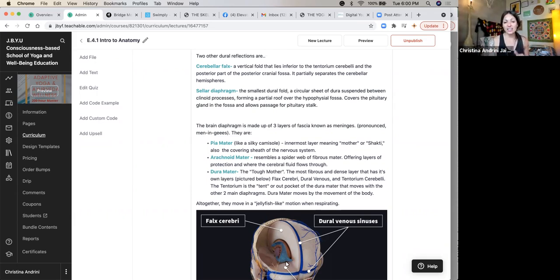Now, the cerebral falx, the diaphragm here, does move down and up in correlation to how we breathe, but it's not a powerful, big, giant movement. It's so tiny that you barely even know it did it.